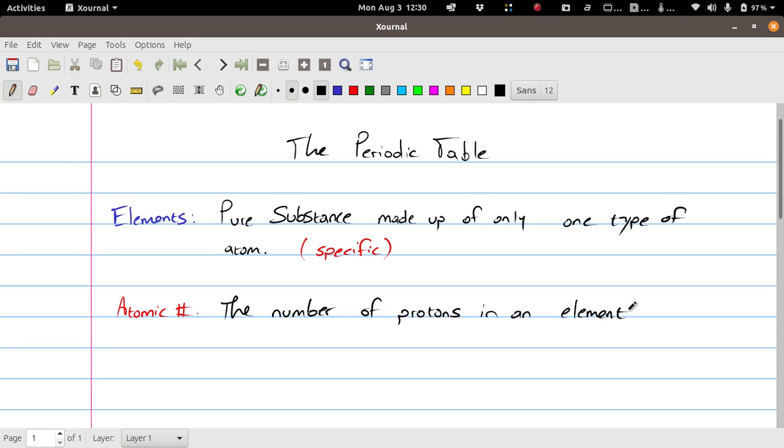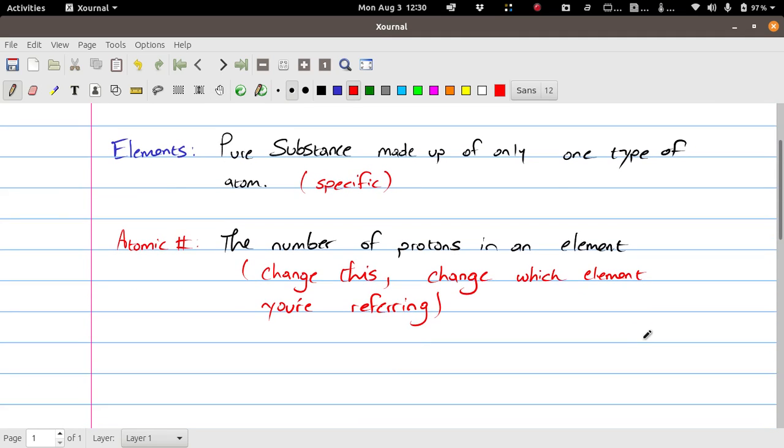So if you change this, you change the element. So you change which element you're referring to. And no, it's not that simple. But in my class, if you change the number of protons, you are literally changing what element you're referring to.